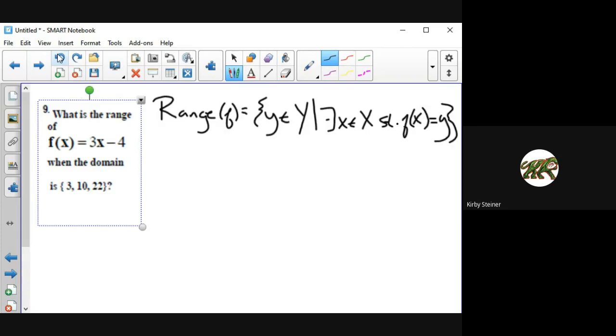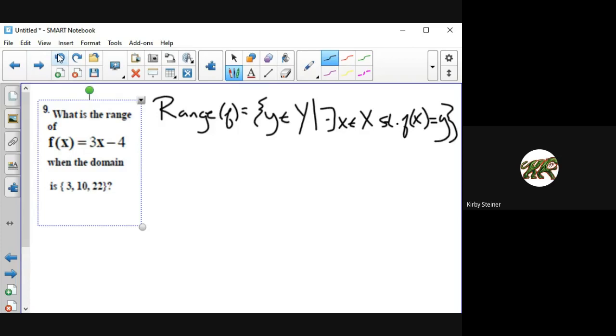So we're only looking at those y's for which there's an x in the domain that allows the function to be defined. We look at 3x minus 4. We can evaluate that for any number x, right? There's nothing preventing us from finding f of 158.